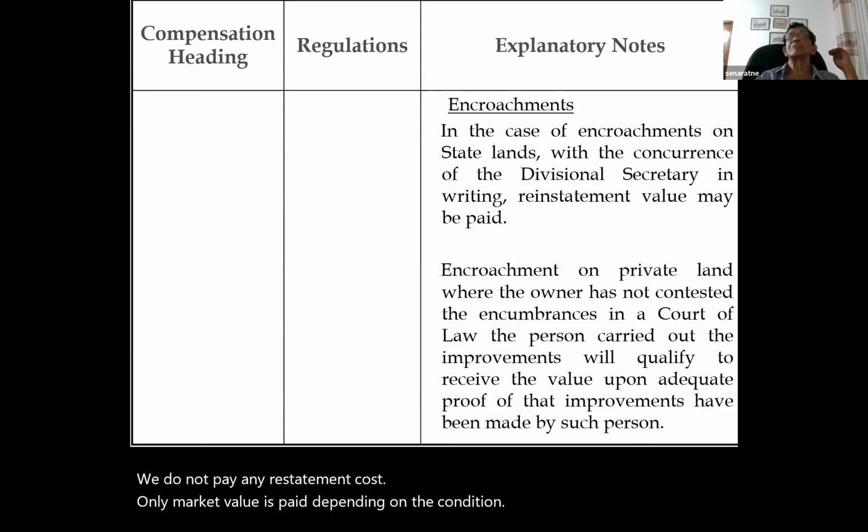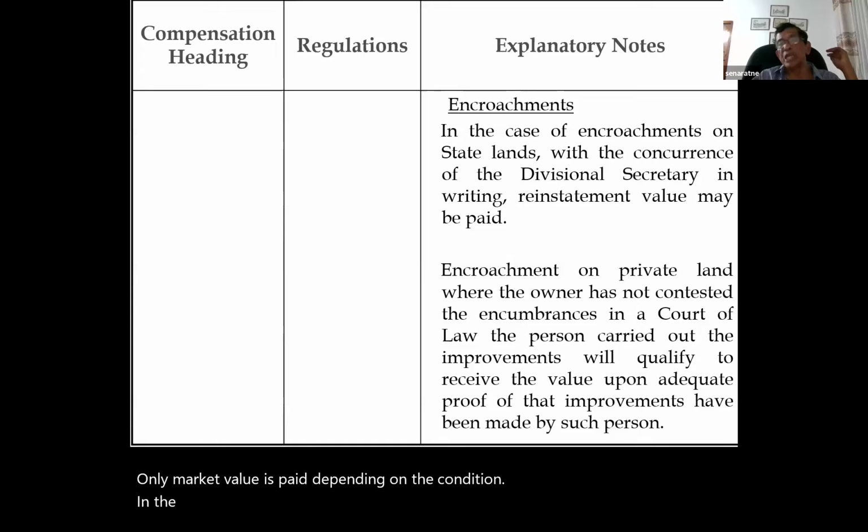Encroachments. In the case of encroachment on state lands, with the concurrence of the Judicial Secretary in writing, reinstatement value may be paid. Under section 53 of the State Land Ordinance and also under section 101, as I can remember, of the Land Development Ordinance, no compensation is paid for encroachers for any improvements done in state lands.